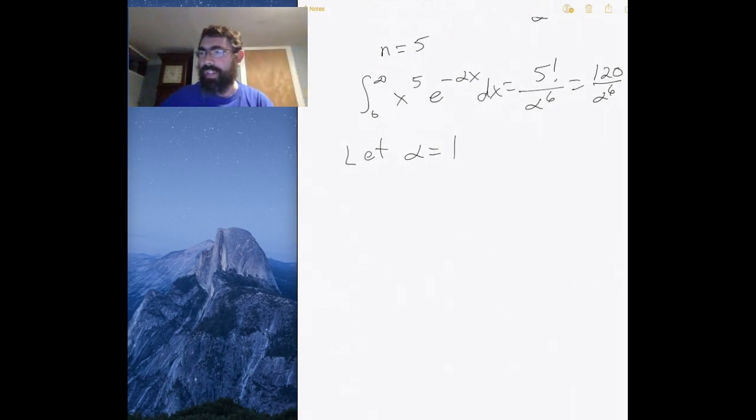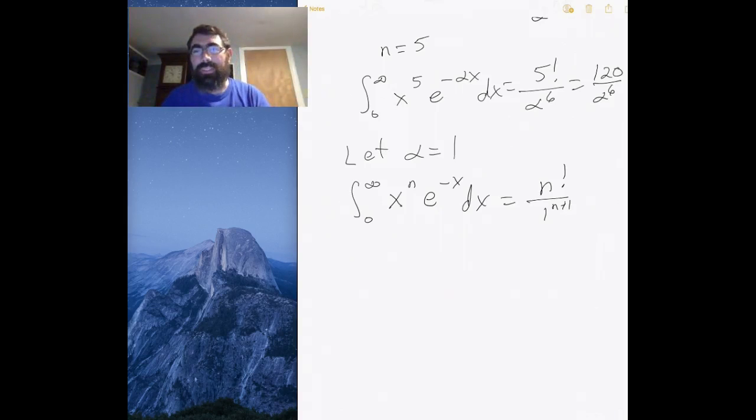Okay, so if we let alpha equal 1, then we get the integral from 0 to infinity of x to the n e to the minus x dx. And on the other side, I get n factorial over 1 to the power n plus 1. But 1 to the power of anything is just 1, and so that's equal to n factorial.